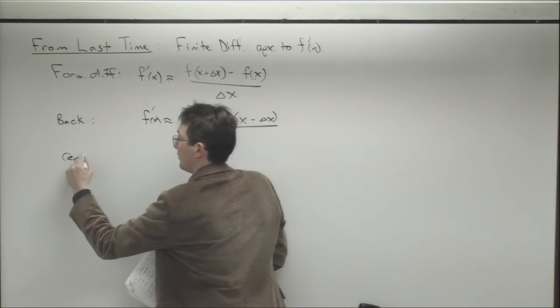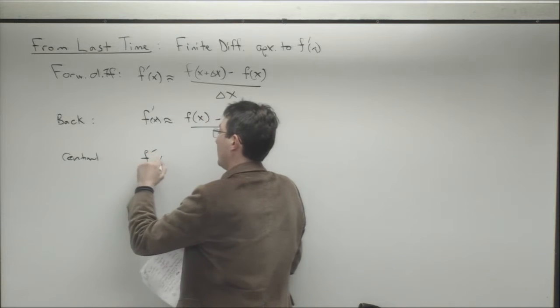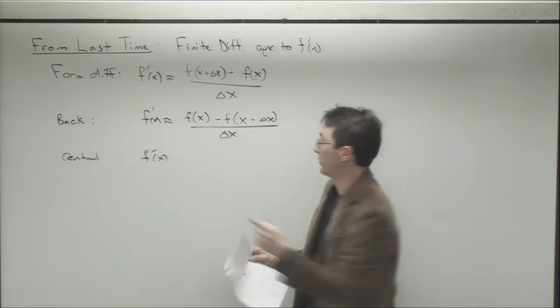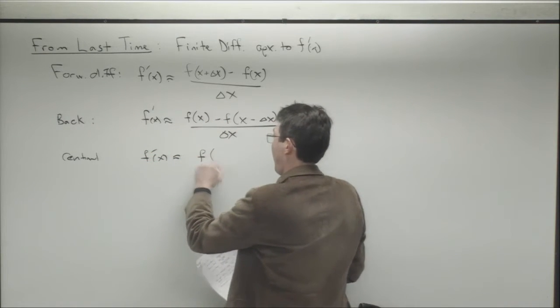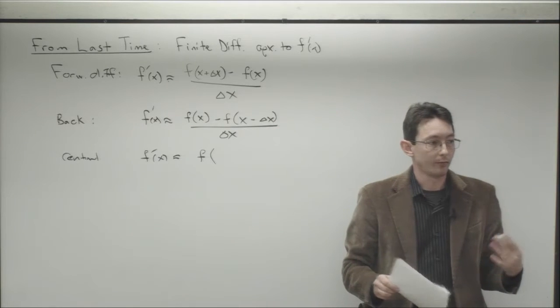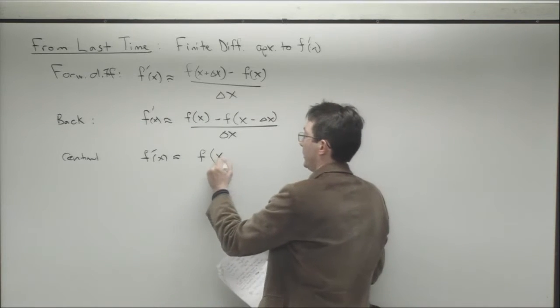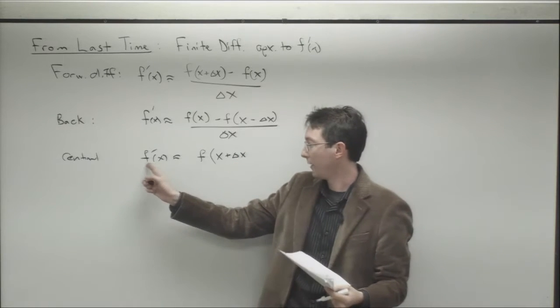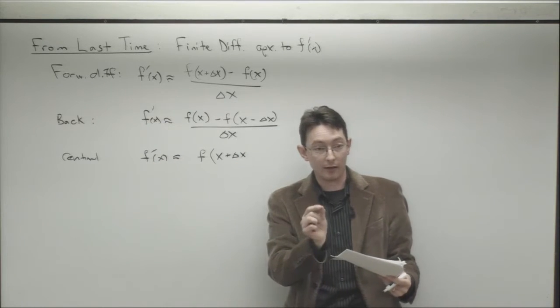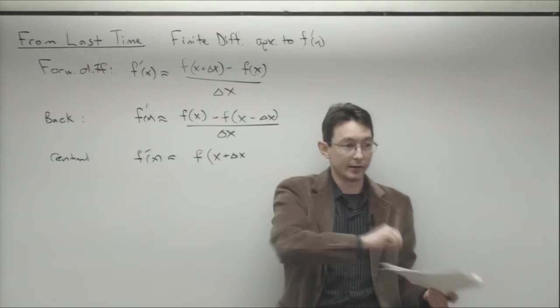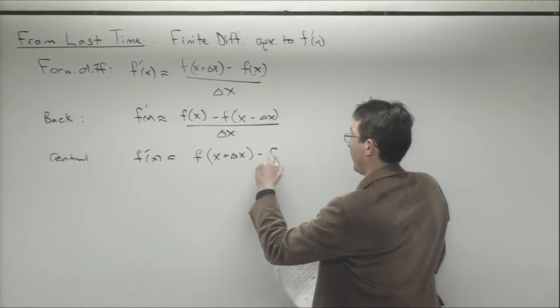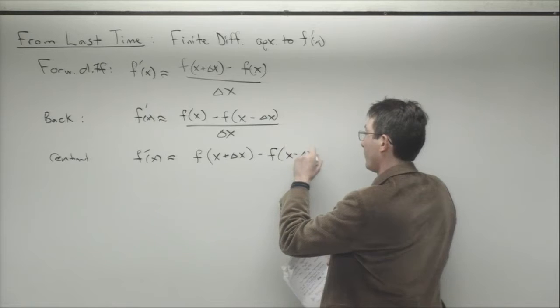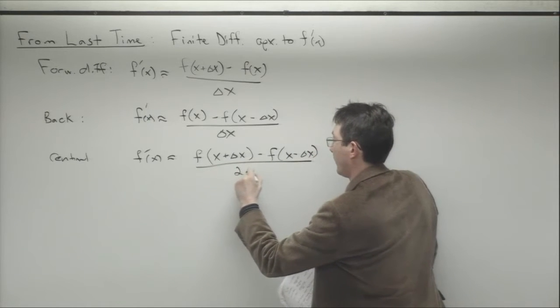And central is f prime of x is what? Okay, x plus delta x. So I think of my point x in the center of x plus delta x and x minus delta x, and I take the difference and divide by 2 delta x.